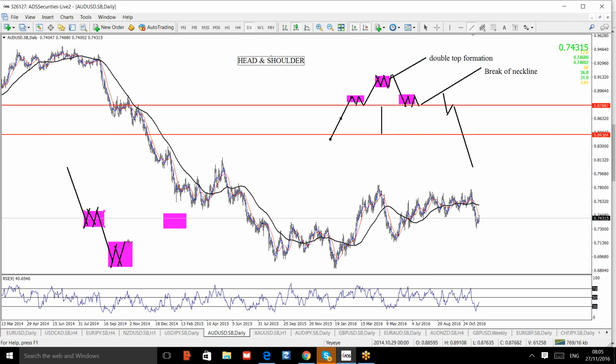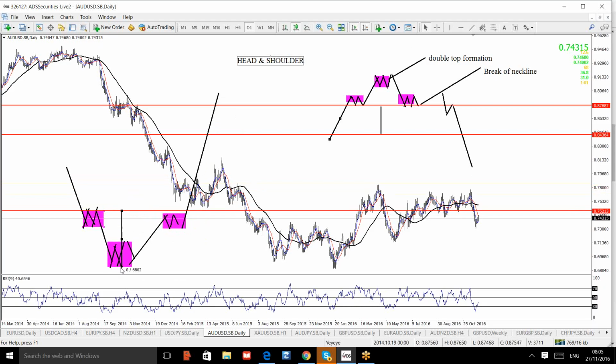And then the price. This is your neckline. Understand? This is the neckline. Normally, the distance between the neckline and the head is what the price normally travels.